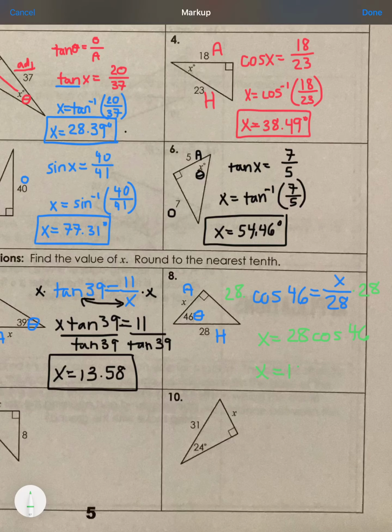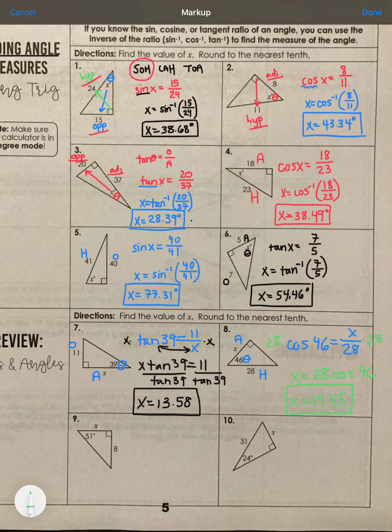You just put that in the calculator, 28 cosine 46. And this is also a side, so it does not get a degree sign. If you want to pause the video and do number 9 and 10, I can have the answers for you on those.